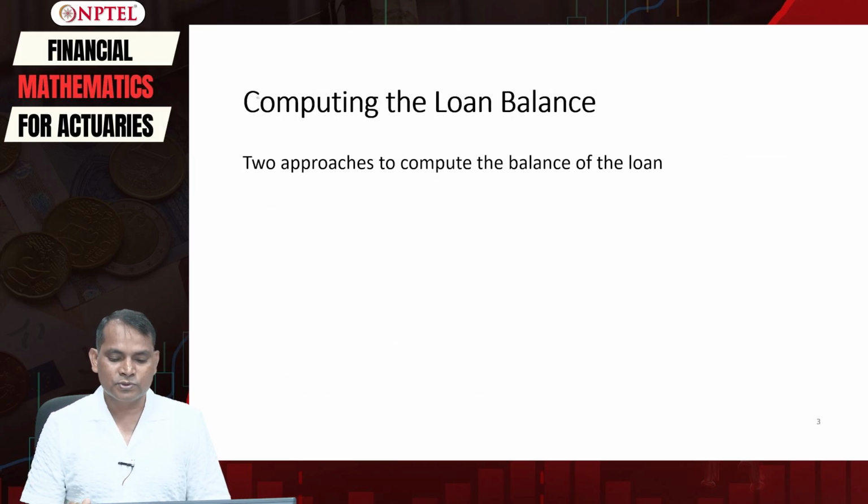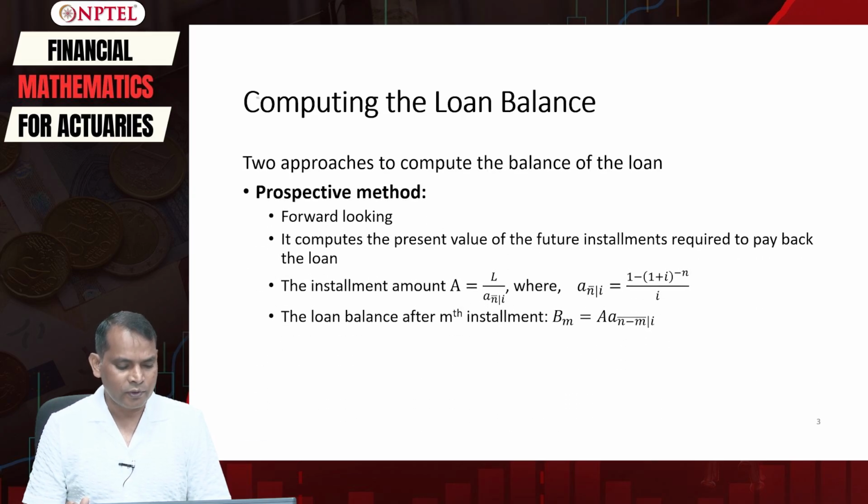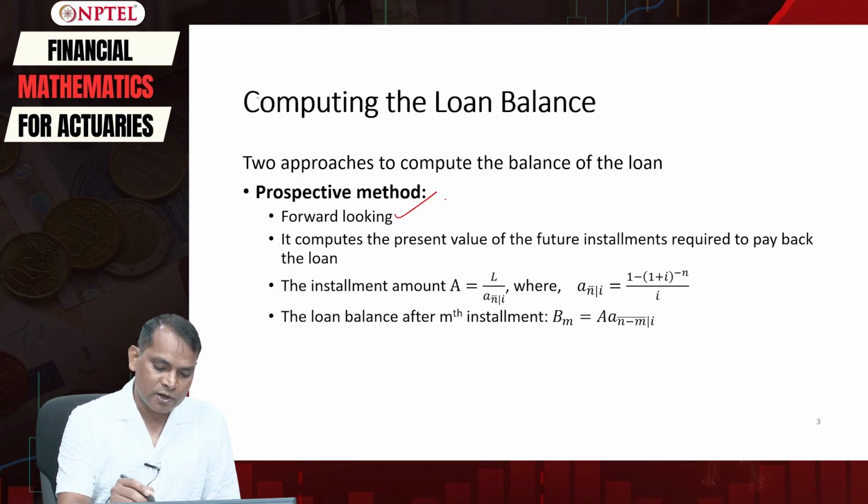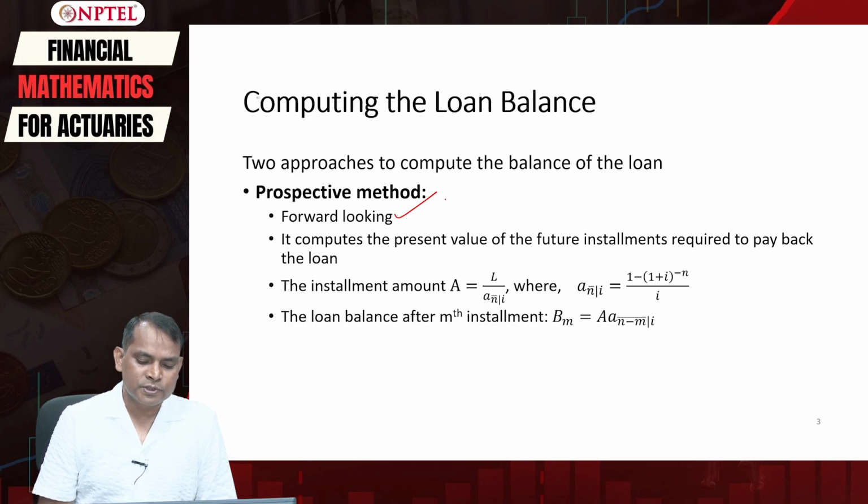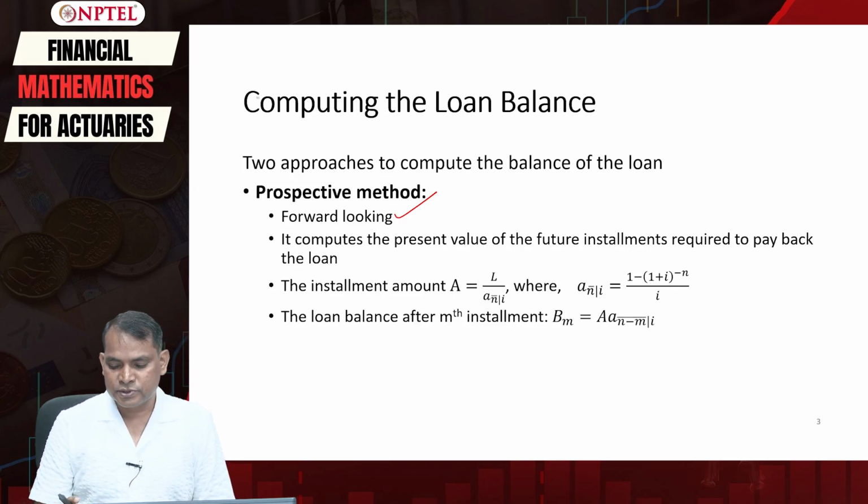There are two methods to compute the balance of the loan. Please recall, one is the prospective method and the other is the retrospective method. The prospective method is a forward looking measure. It computes the present value of the future installments required to pay back the loan.